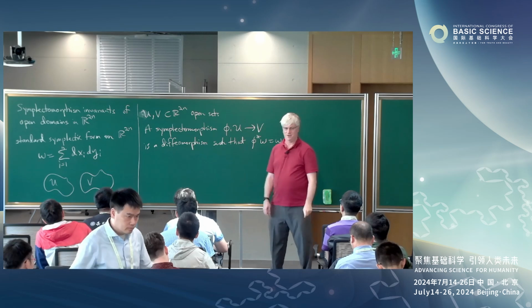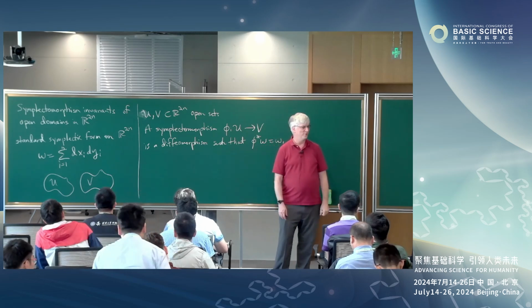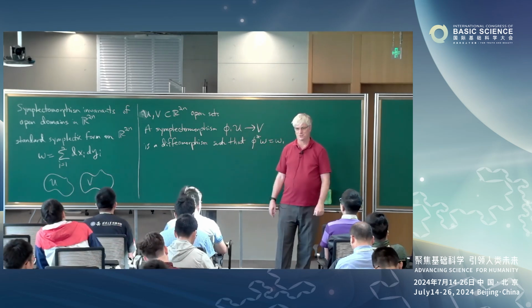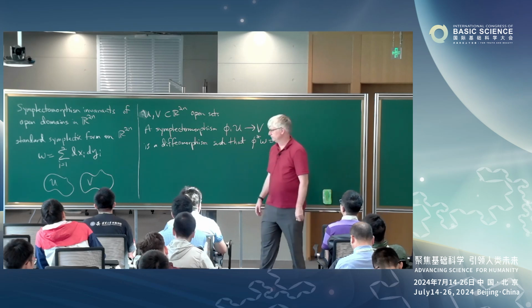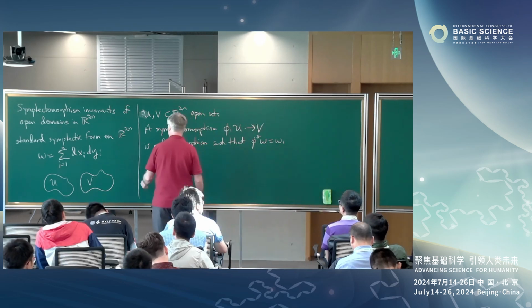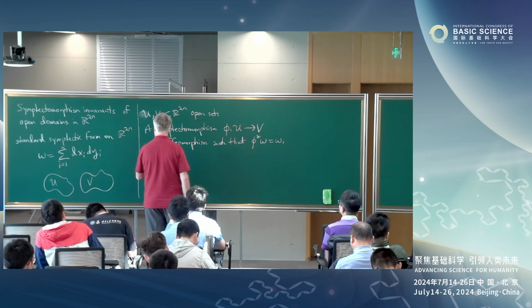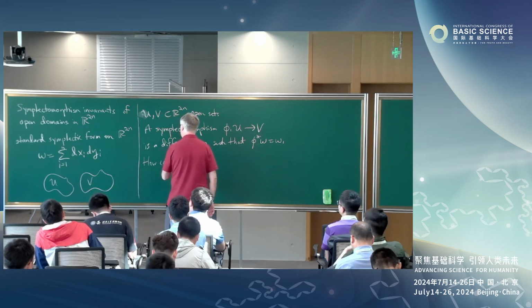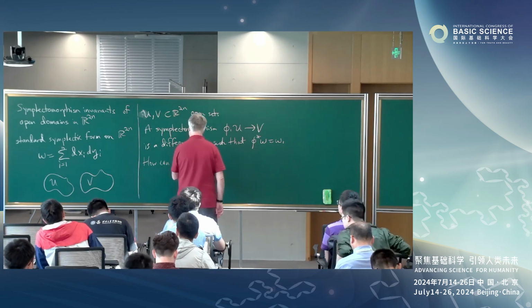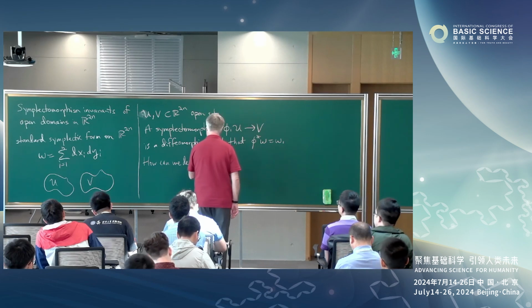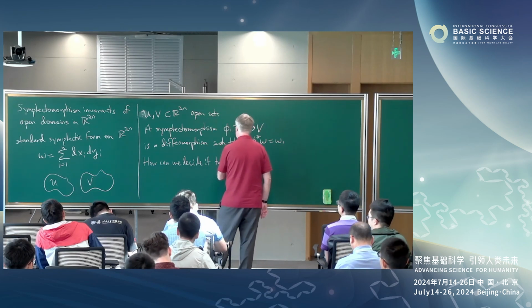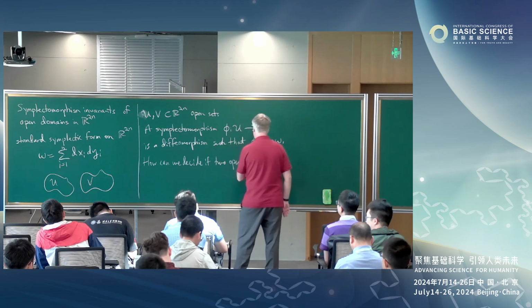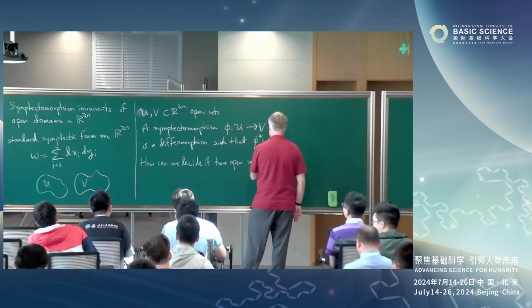So then if I have two different open sets, is there such a symplectomorphism or not? So how can we decide whether the two open sets are symplectomorphic?